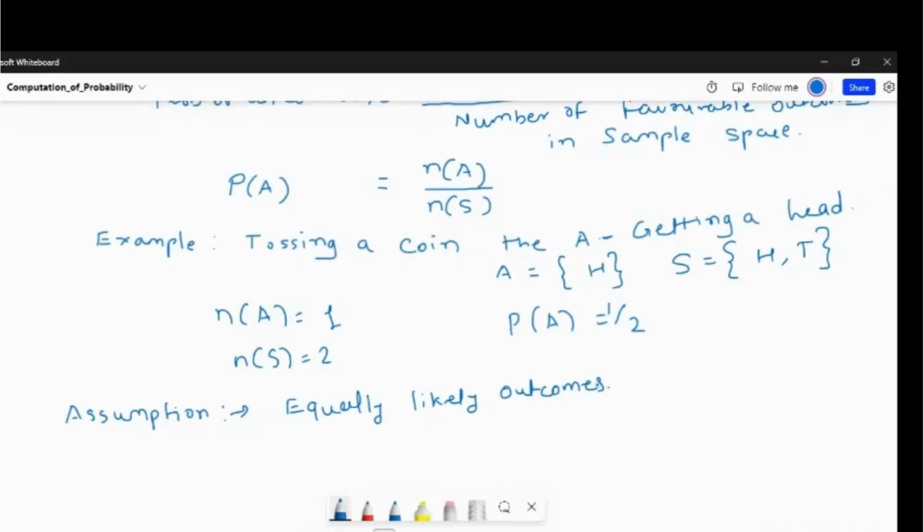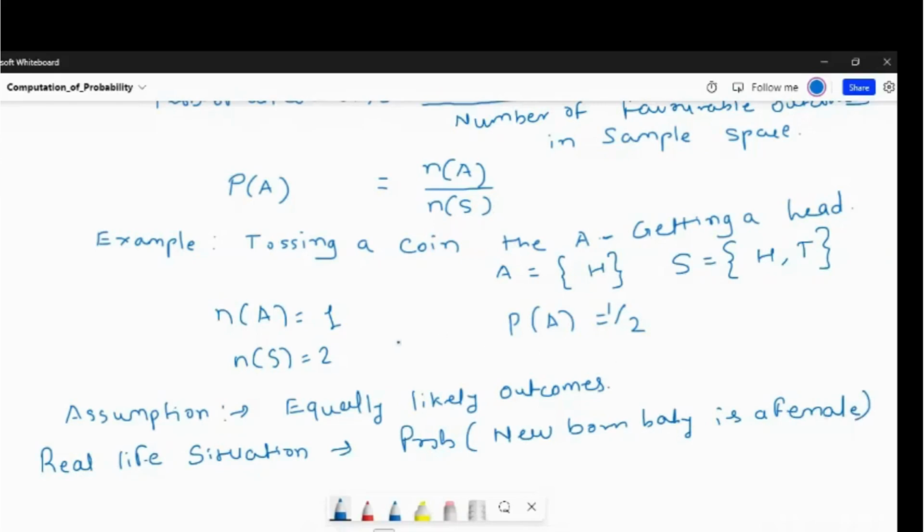For example, suppose you want to find the probability that a newborn baby is a female. According to the equally likely outcomes rule, because there are only two outcomes, male or female, the probability of a newborn baby being female will be 50%, right?